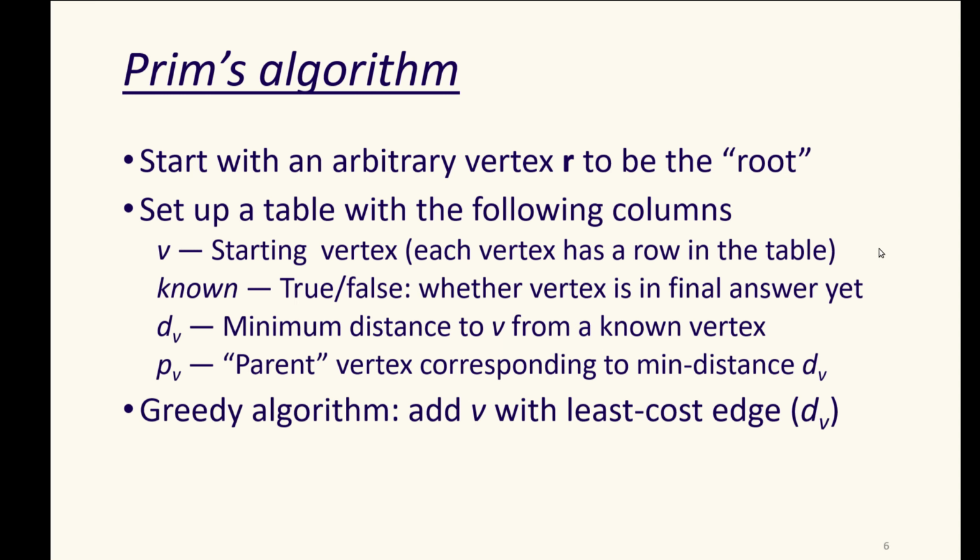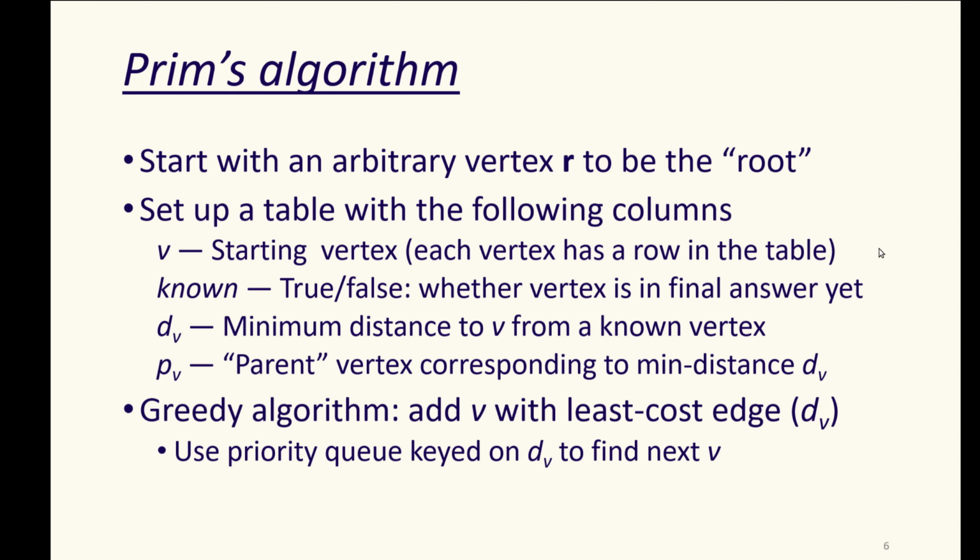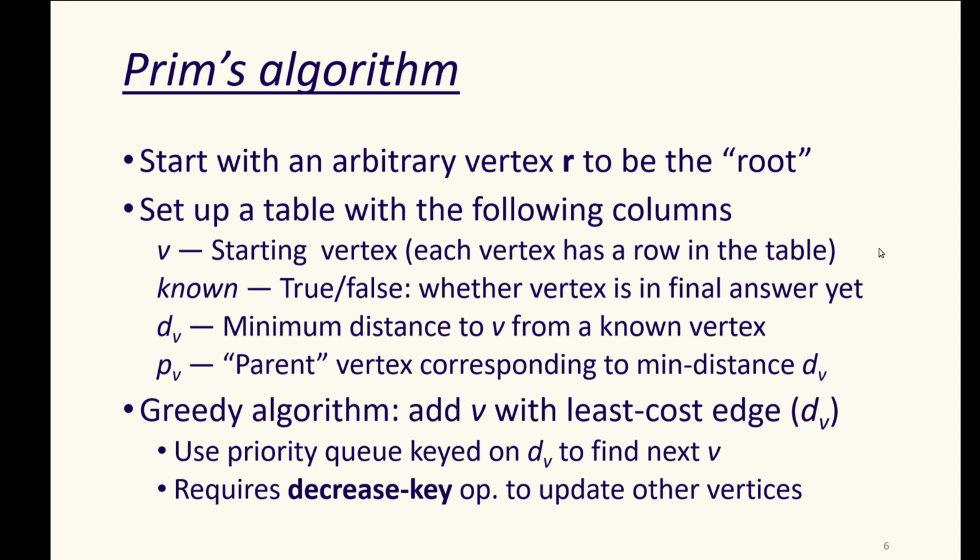It is a greedy algorithm. We add the vertex with the least cost edge, and then we use a priority queue keyed on that d sub v, that distance, to find the next vertex to evaluate.